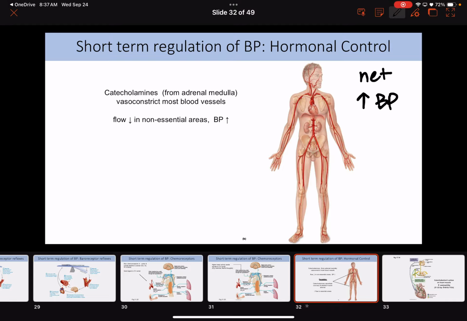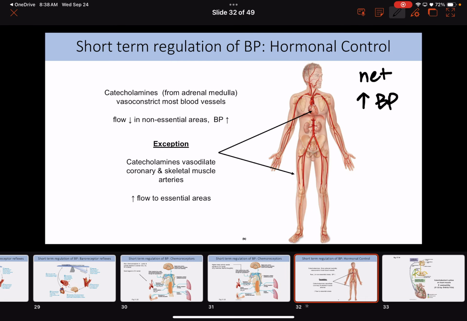Yes, we're going to be dilating the vessels to your brain, your heart, and your skeletal muscle. However, overall, your blood pressure is going to go up. Even though we dilate in these few areas, we're vasoconstricting in most other areas of the body. So overall, your blood pressure increases during sympathetic activation.